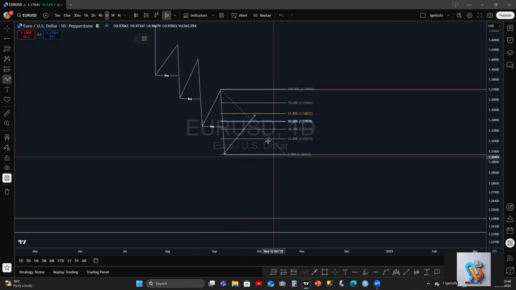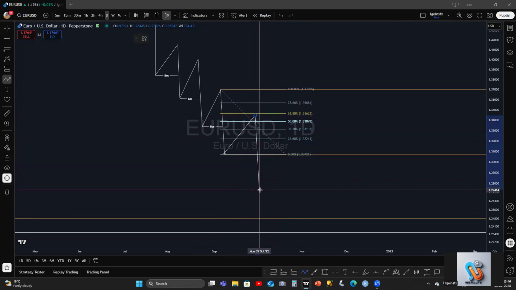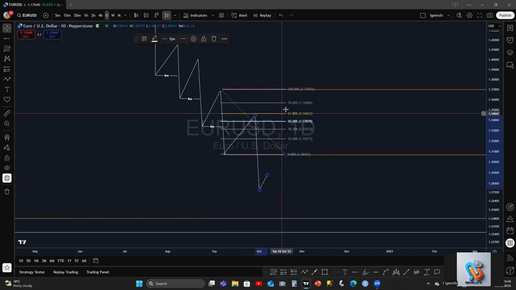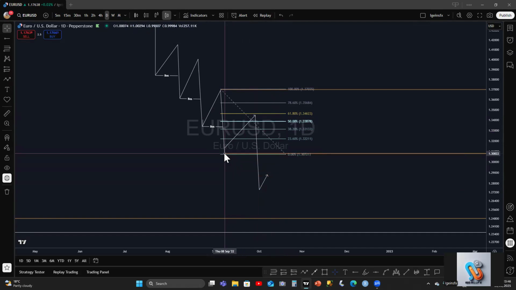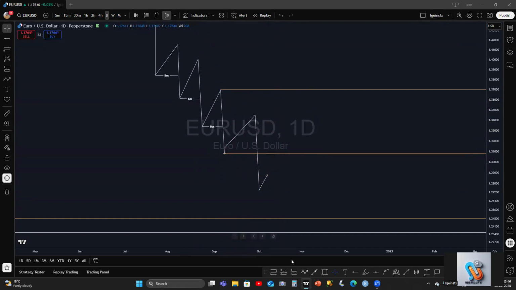Once price gives us another low, breaking structure to the downside, and it starts coming down, what you need to do again is carry your Fibonacci retracement tool. This is it.